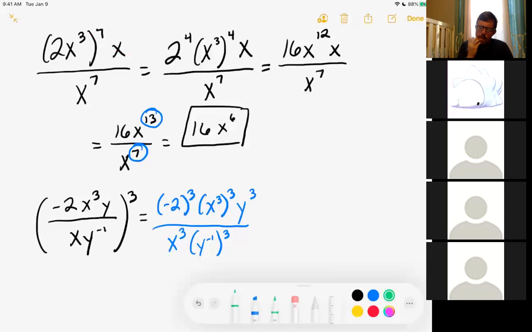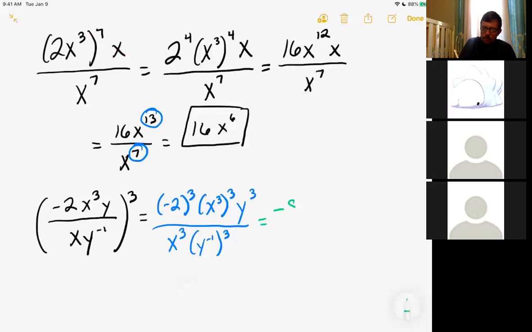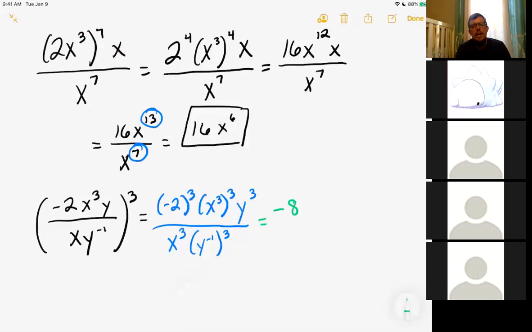So I can go ahead and do -2 to the 3rd power. -2 times -2 times -2 is -8. And then x cubed, that's a power rule, so x to the 9th, y cubed. On the bottom, we have x cubed, and then y to the -1st cubed, which is y to the -3rd.